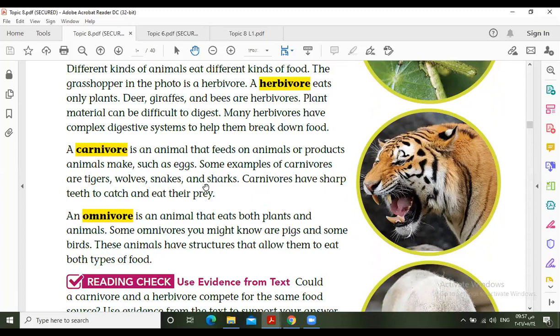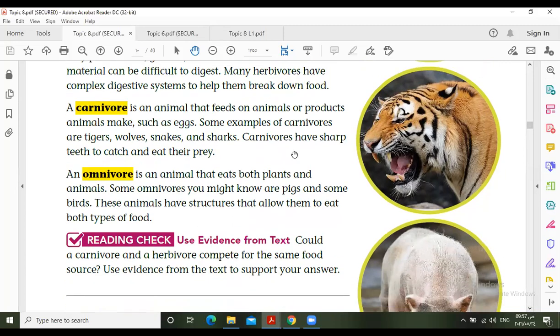They only eat animals or products animals make, such as eggs. Some animals eat the eggs of other animals. In general, carnivores have sharp teeth because they need to catch and eat the prey.